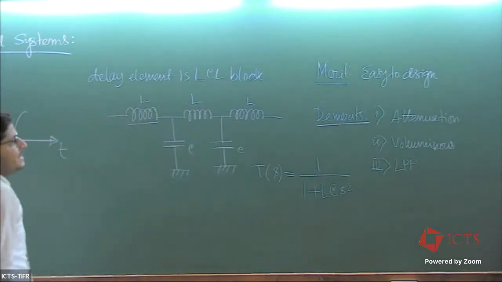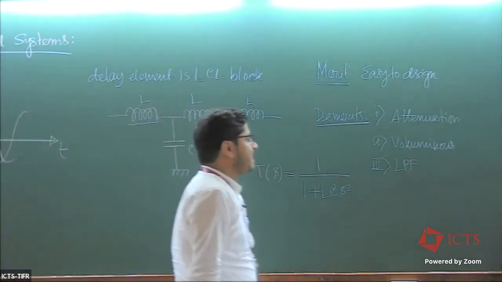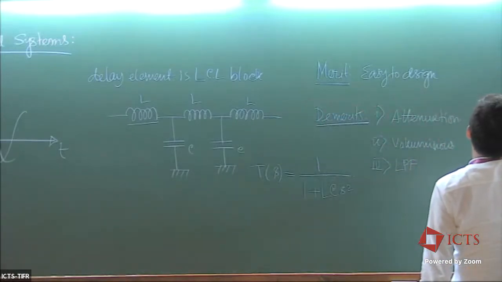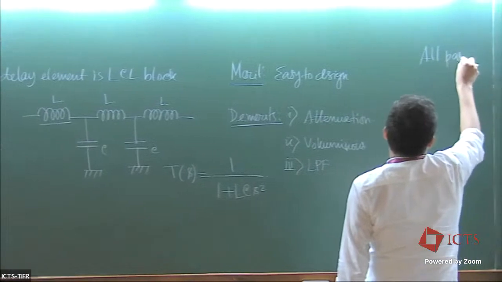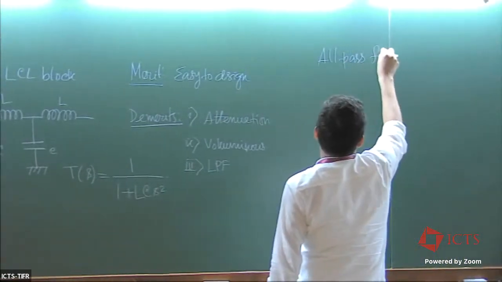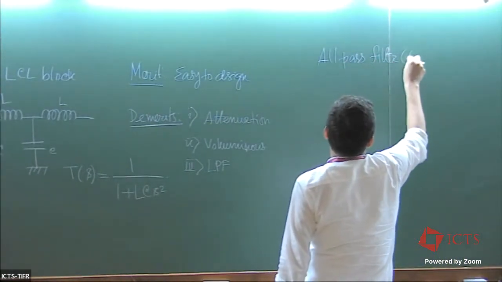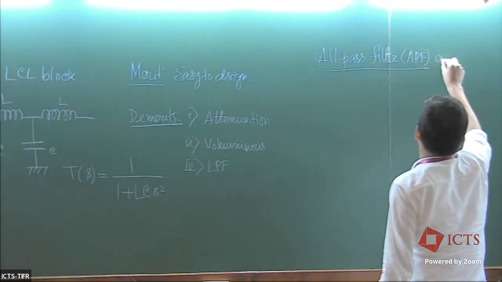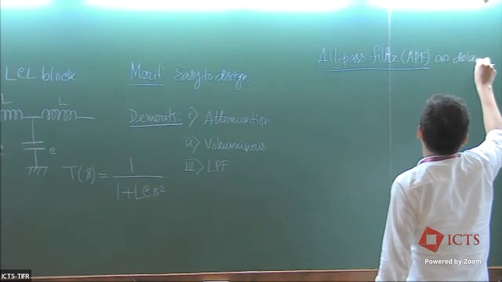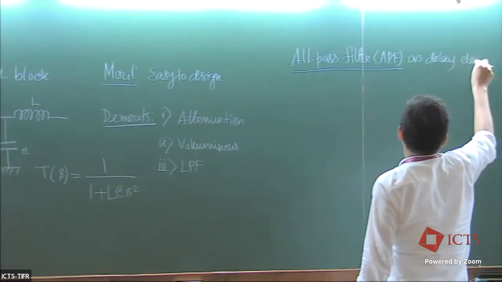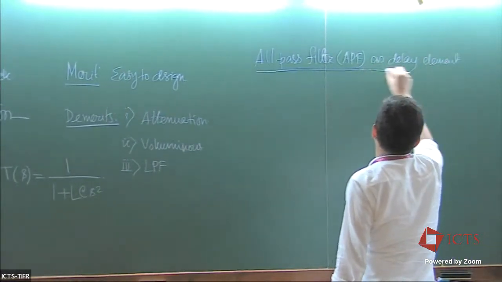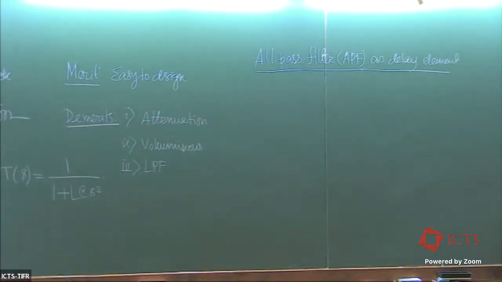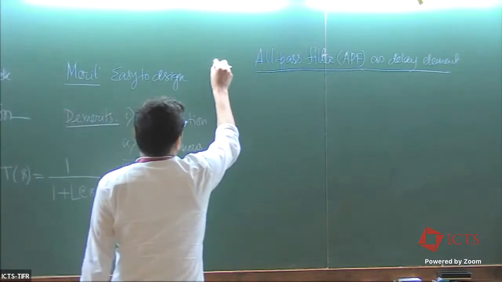So after considering these demerits, we considered the all pass filter, or APF, as the delay element or delay block. What does it look like? Obviously, an active all pass filter.